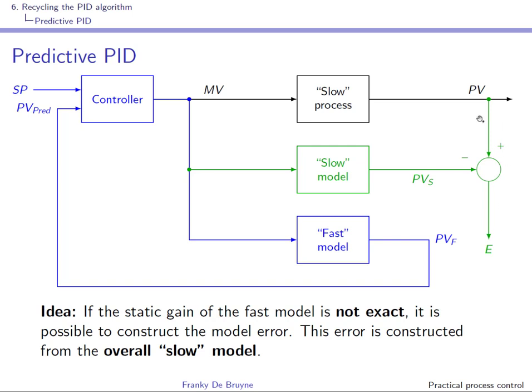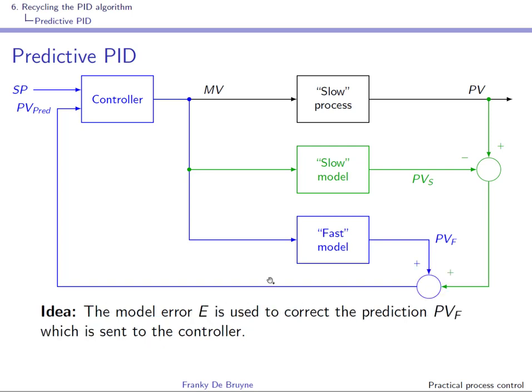And by comparing the two, well, we obtain the model error that we now can use in our control. And we can use this error as follows. Again, here we have exactly the same idea. The predicted PV is the output of the fast PV plus the model error.